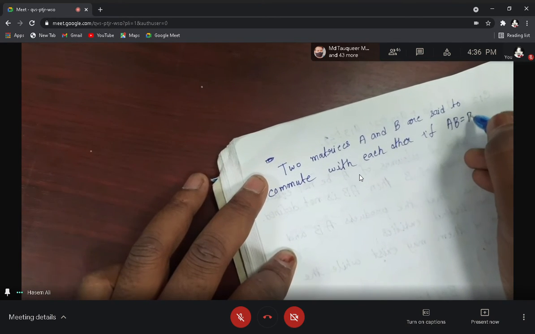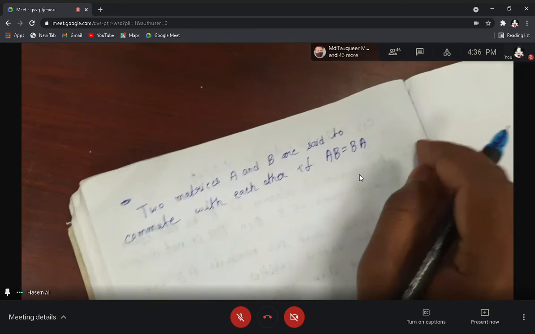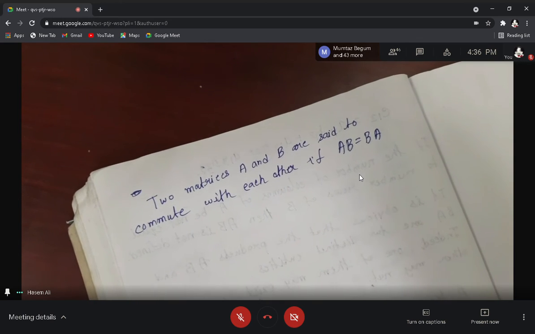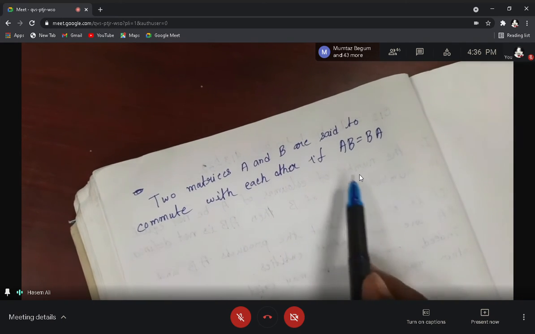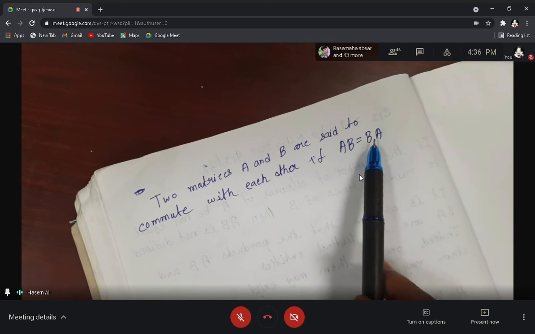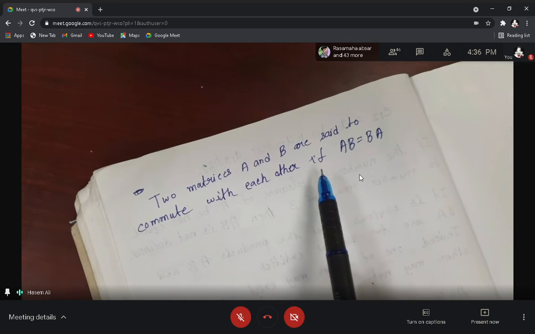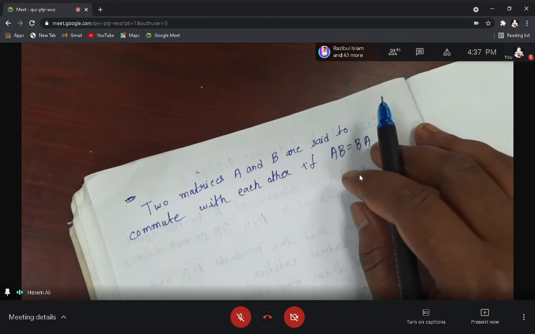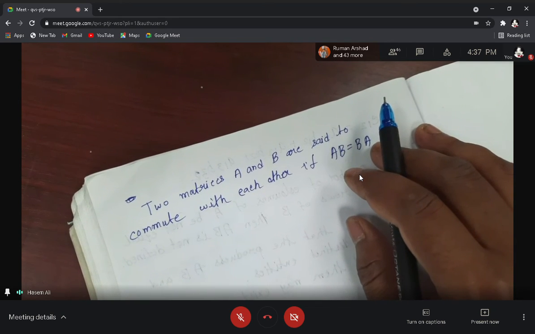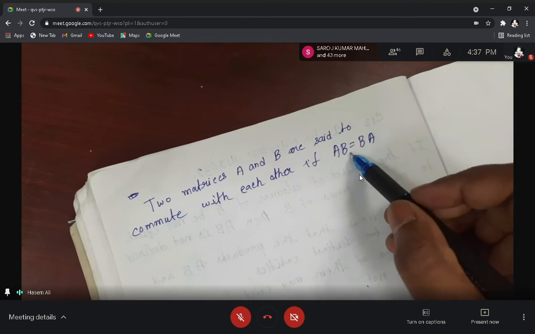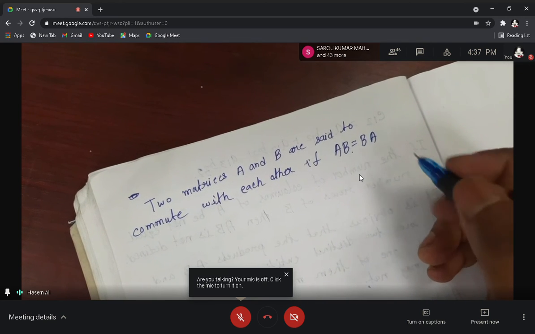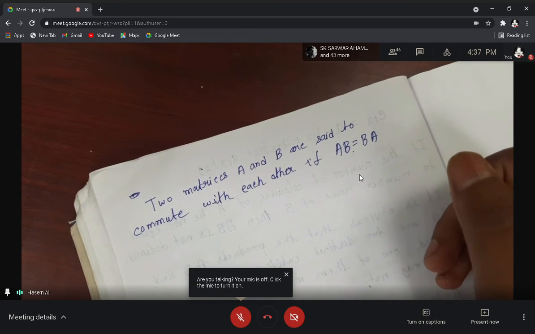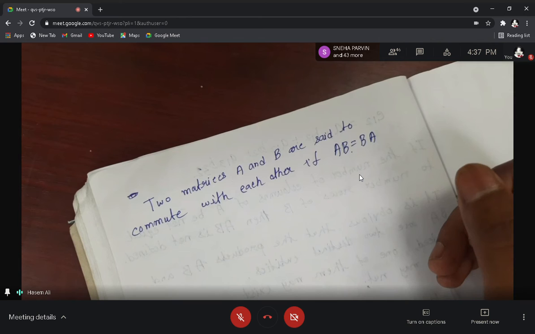If AB equals BA, then these two matrices are said to commute with each other. Since AB equals BA, the two matrices A and B are both square matrices. If they are not square matrices, then AB cannot be equal to BA. This is clear. This is the first condition.